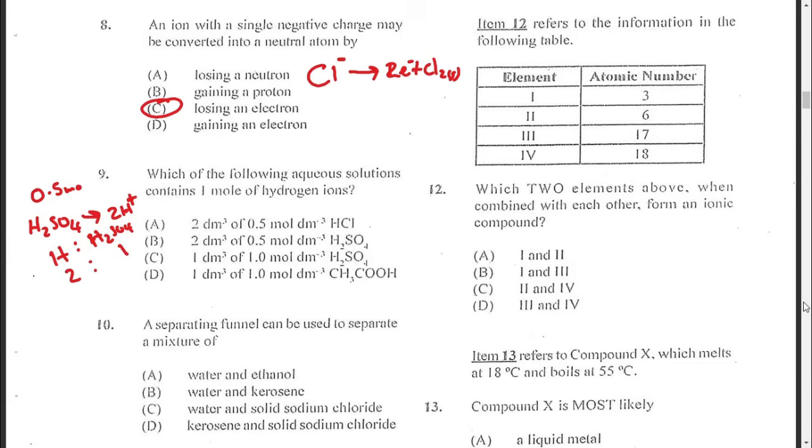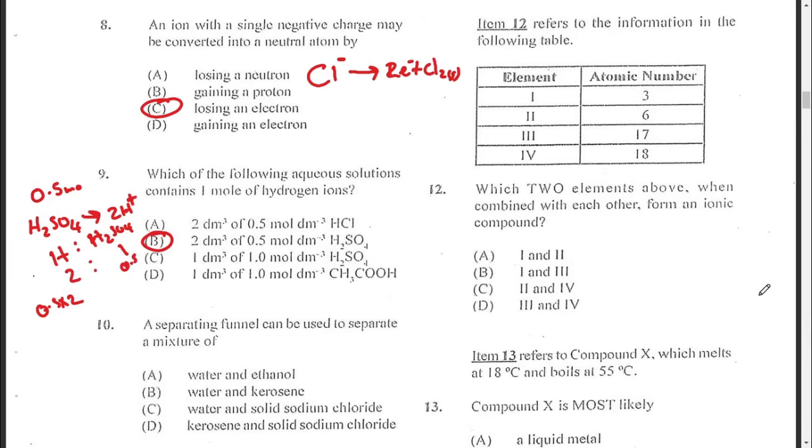If this is 0.5, then this is 0.5 times 2, because it's a 1 to 2 mole ratio between sulfuric acid and H plus. So that would give us 1. So the answer would be B.